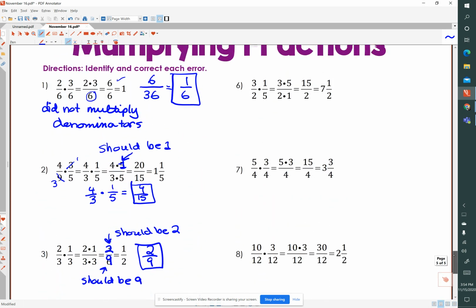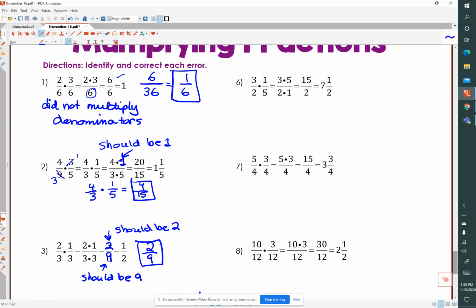So let's go back up to number 6. It looks like 3/2 times 1/5, you cannot. Oh, look what they did. They multiplied 3 times 5 and 2 times 1. All of this is wrong. We do not cross multiply, okay?